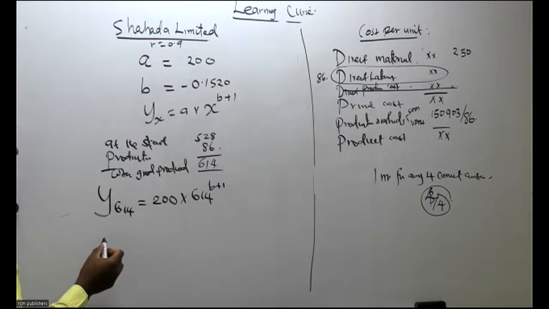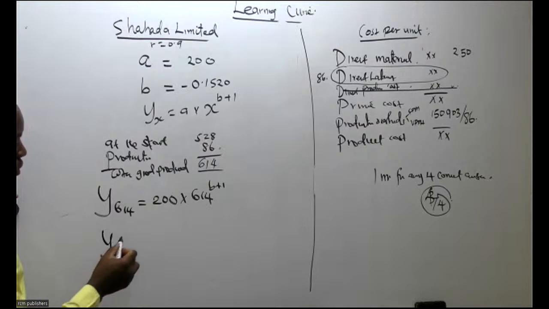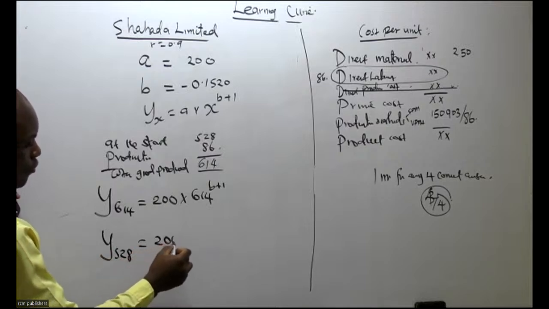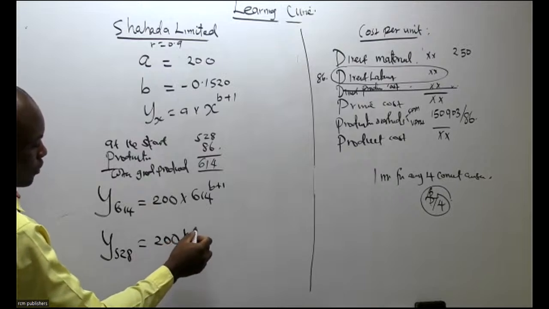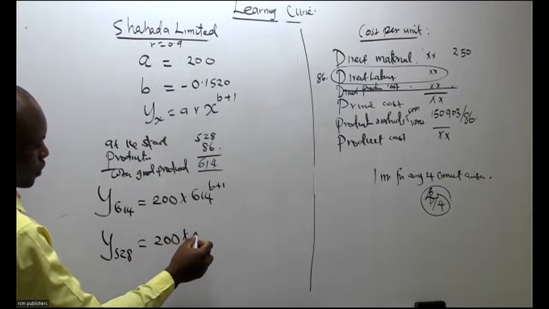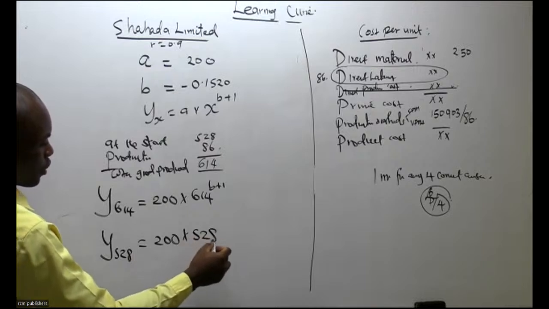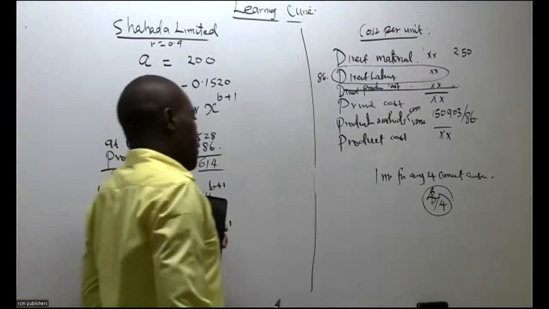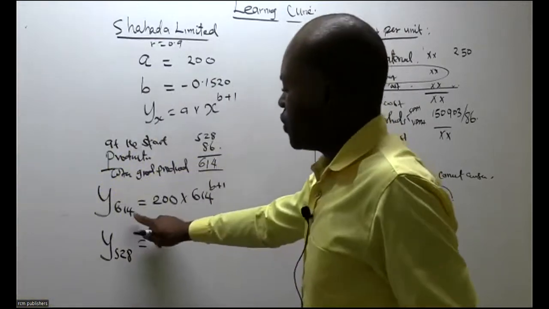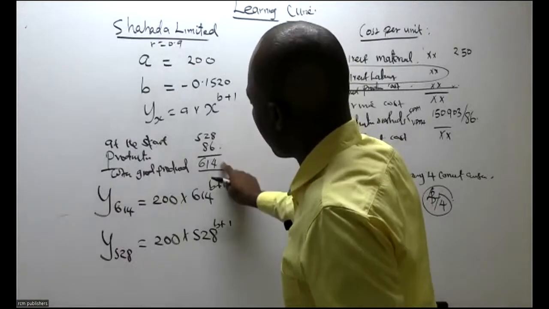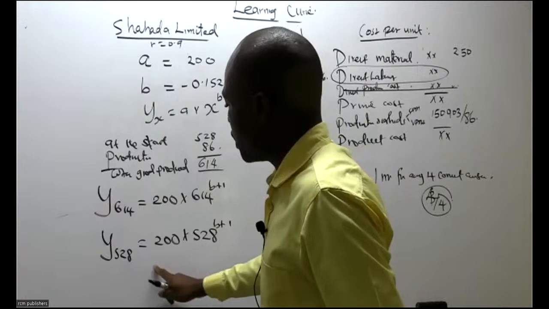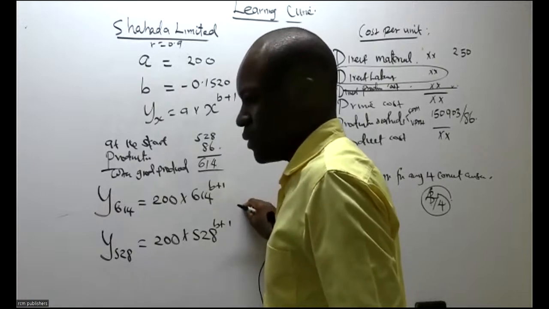Then I need to get the time taken to produce the first 528 units. If I get the time taken to produce the first 614, less the time taken to produce the first 528, what will be that answer?